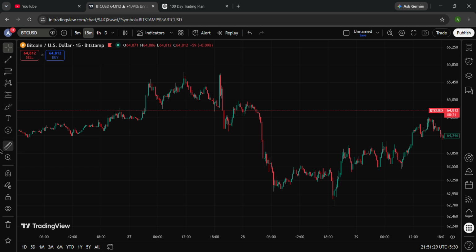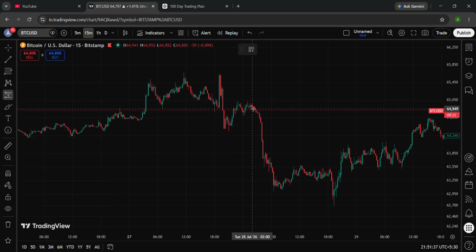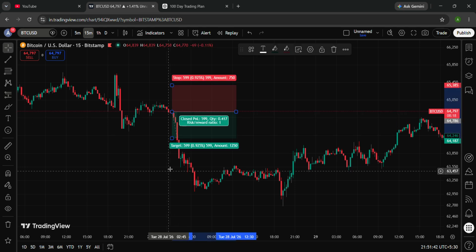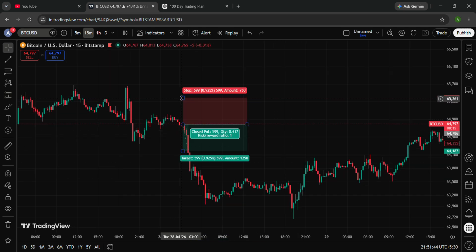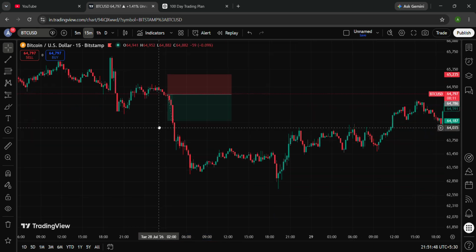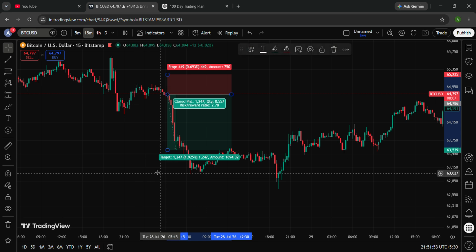You will find it in the tools section of TradingView, and you just have to select the short position. You just click here, and let's say we enter the market at this particular candle. My SL was like that. That's a hypothetical example, and my target was like that.